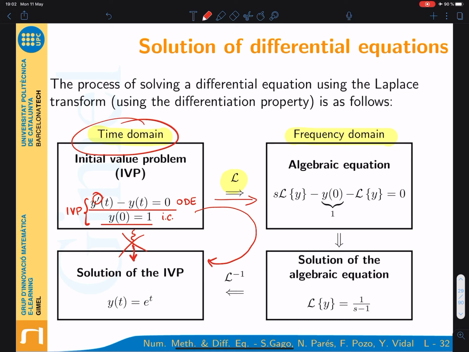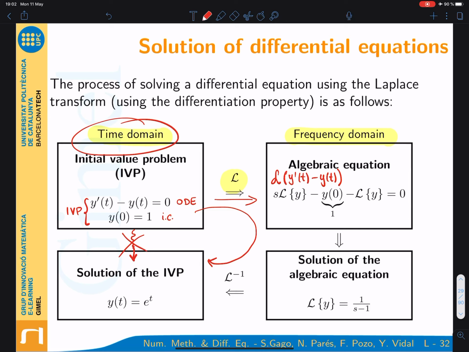So what we are doing here is we compute the Laplace transform of the whole ODE. So we compute the Laplace transform of y prime t minus y t.